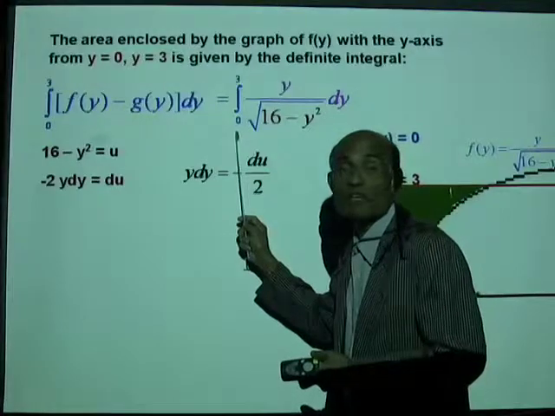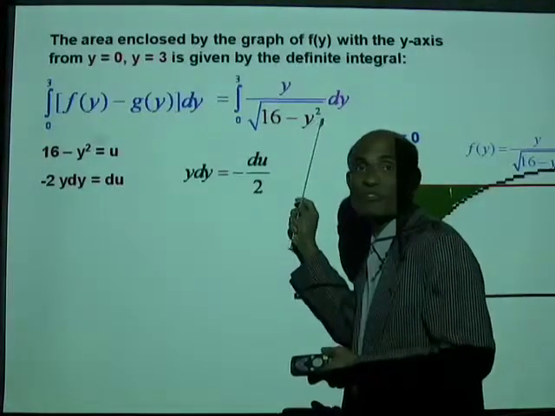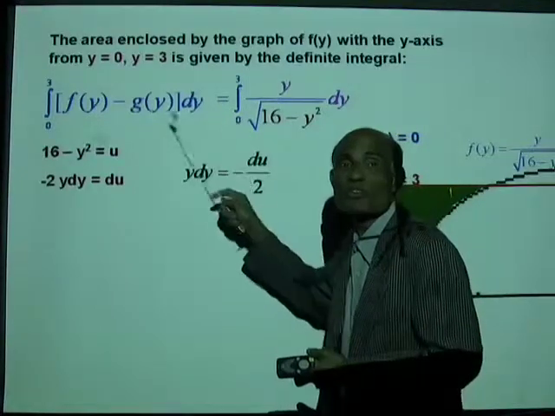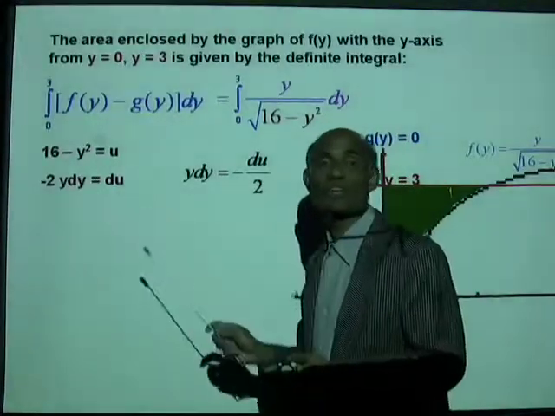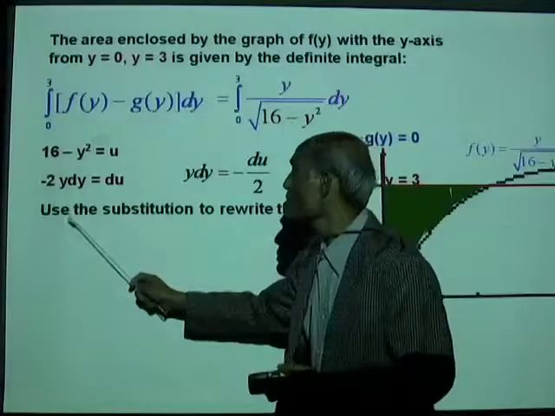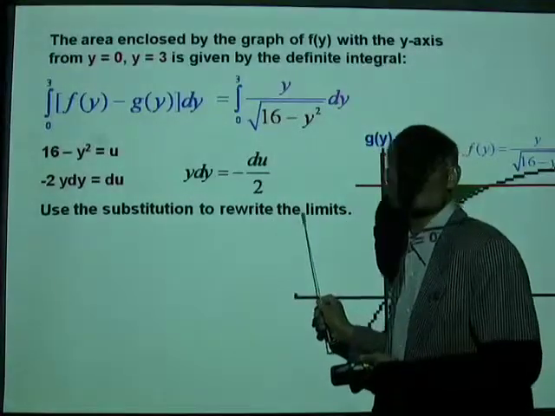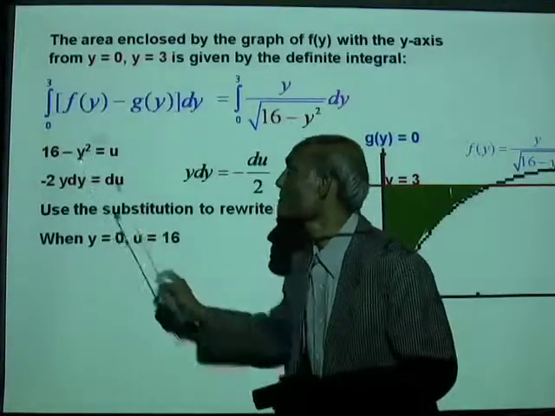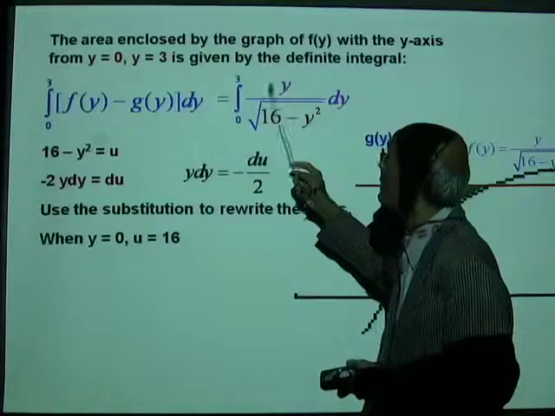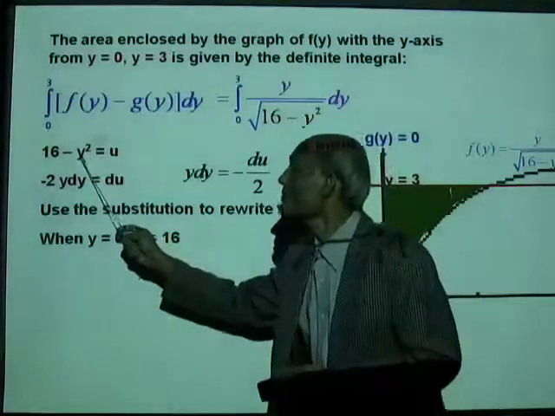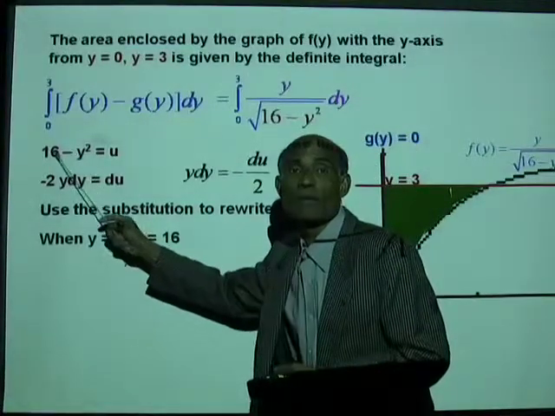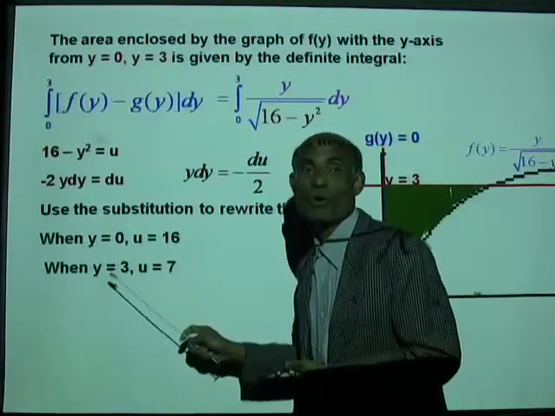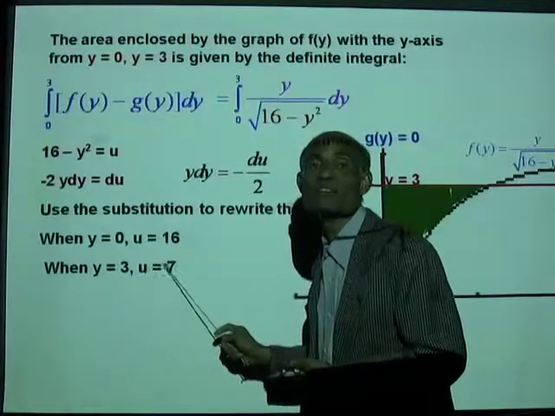Therefore, in our new integral, this limit y equal to 0 becomes u equal to 16. Let's do that. So use the substitution to rewrite the limits. When y equal to 0, u equal to 16. How about this? When y equal to 3, it'll be 16 minus 9 equal to u, or when y equal to 3, u equal to 7.